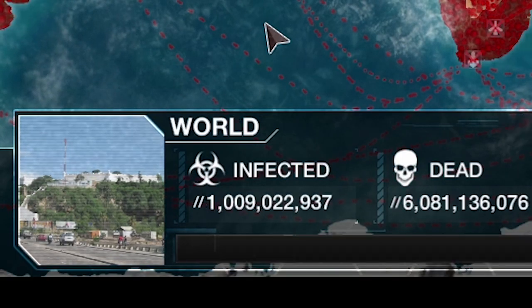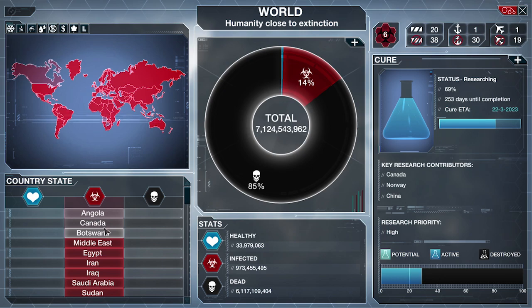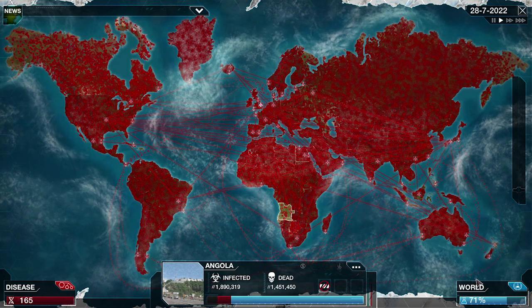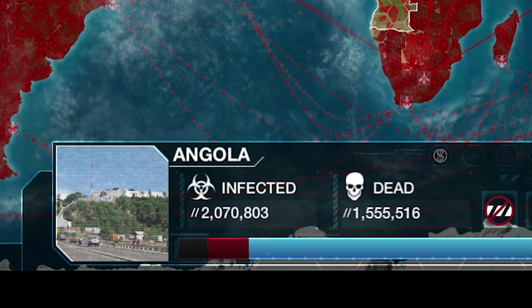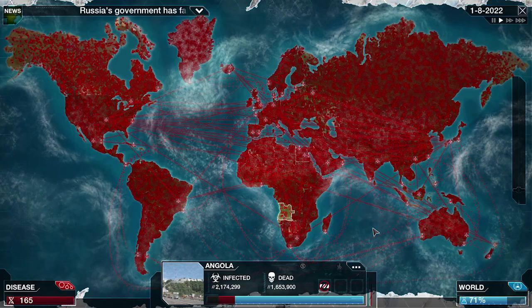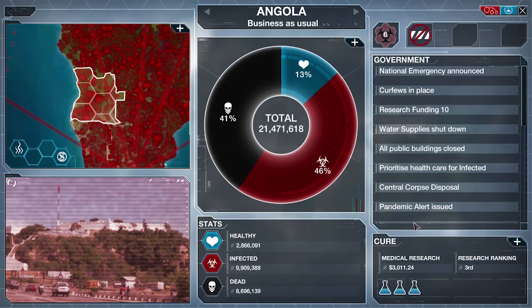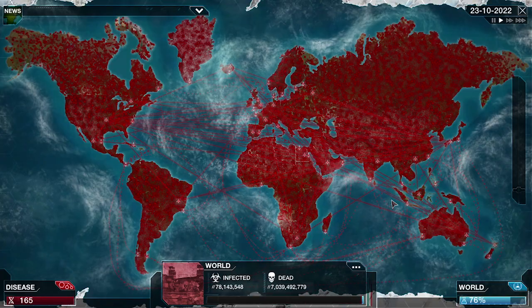Angola is giving me a hard time. The only three countries that are not completely infected are Angola, Canada, and Botswana. 70% cure. Angola's still taking its sweet time. Angola's good, but I don't know if we're going to be okay in Canada.